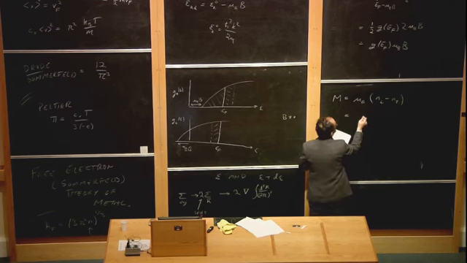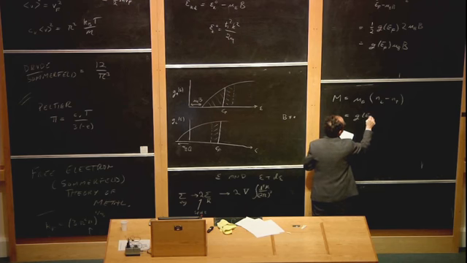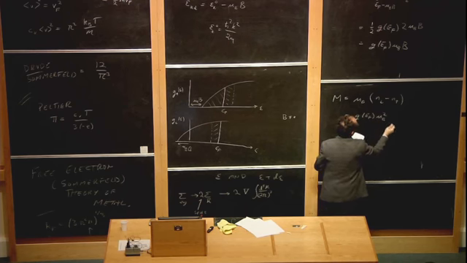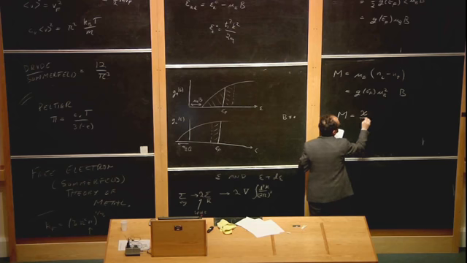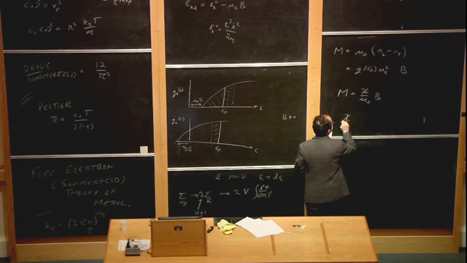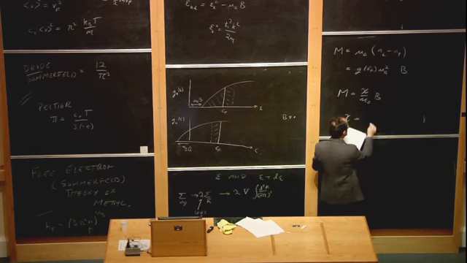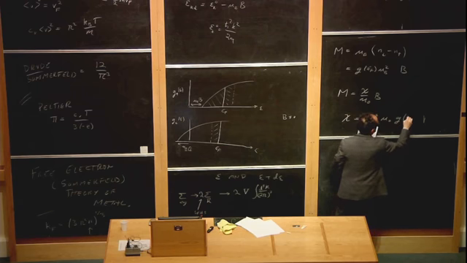So we'll get g(EF) mu_B squared times the magnetic field. And you recall the definition of susceptibility, chi, is M over mu naught times the magnetic field. So we identify the Pauli paramagnetic susceptibility as mu_B squared mu naught g at EF. And that's our final result.